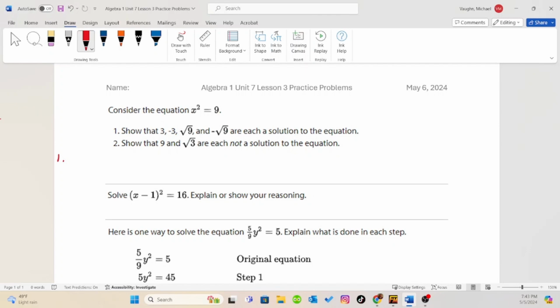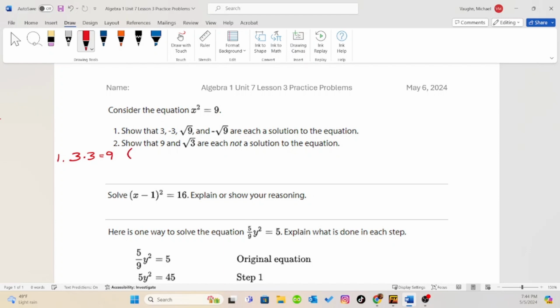anytime we say x squared, we're saying whatever value we substitute for x will be multiplied by itself. So if we substitute in 3, then 3 times 3 equals 9. So that makes it a solution.